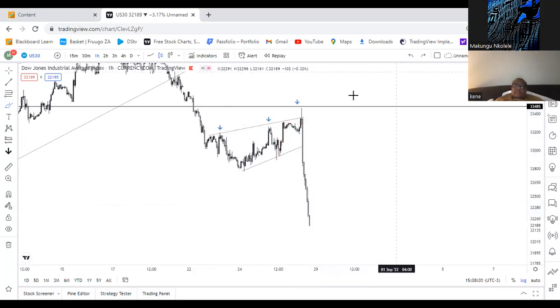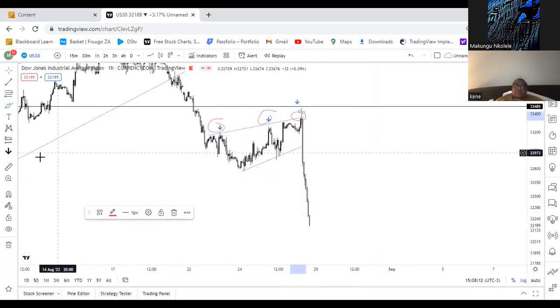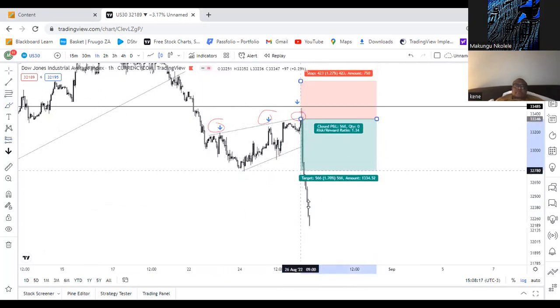Yes. Okay, good. So we had a distinct 1 2 3 touch formation, and the price really sold off to the downside, which means we are in a downtrend.